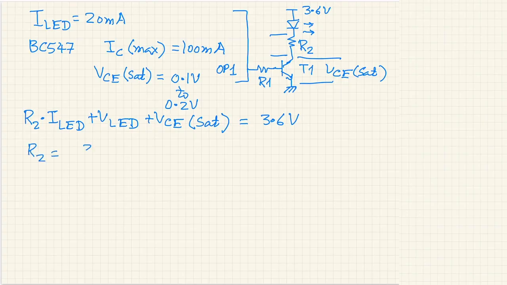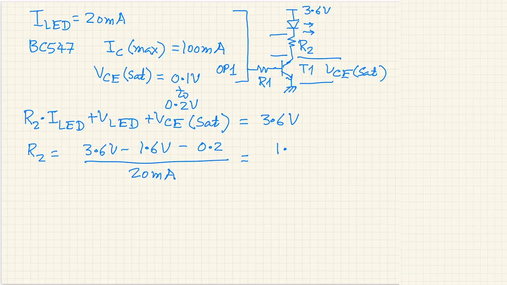So R2 is equal to 3.6 volts minus 1.6 volts for the voltage drop across the LED, minus VCE SAT, and let us choose 0.2 volts as the saturation voltage for BC547, divided by 20 milliamperes, because that is our load current. And so this becomes 1.8 volts divided by 20 milliamperes, and this returns the value of R2 to be equal to 90 ohms.